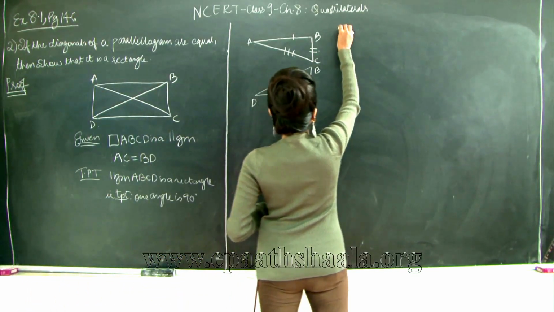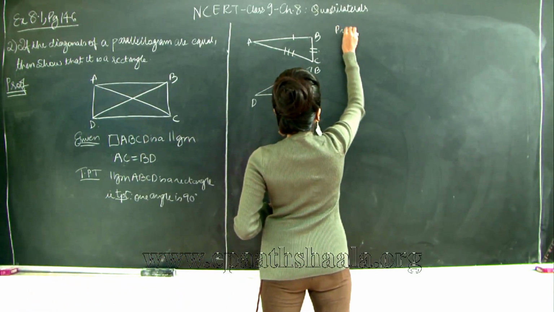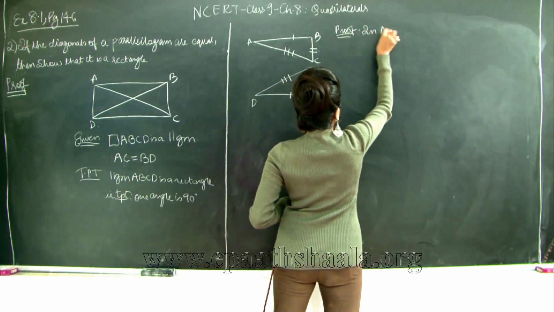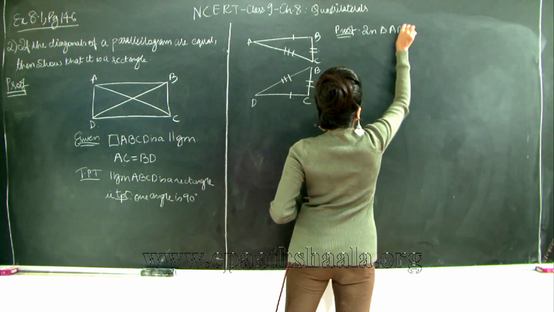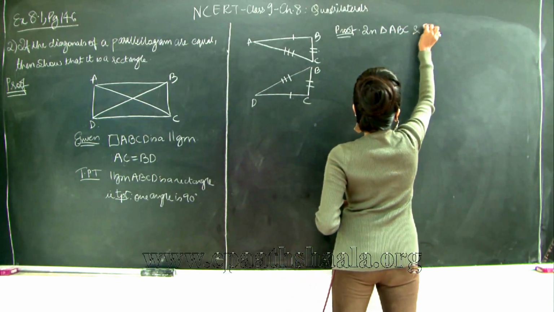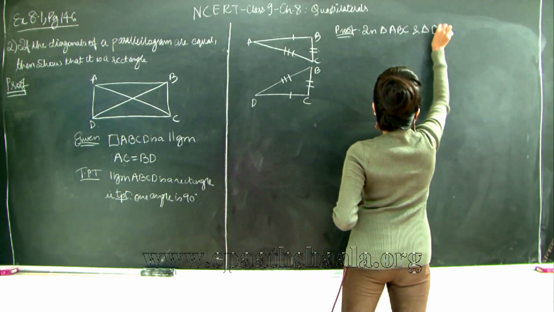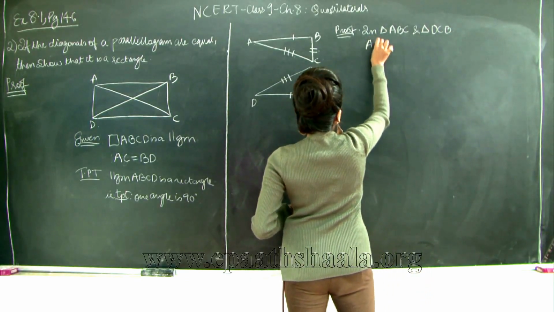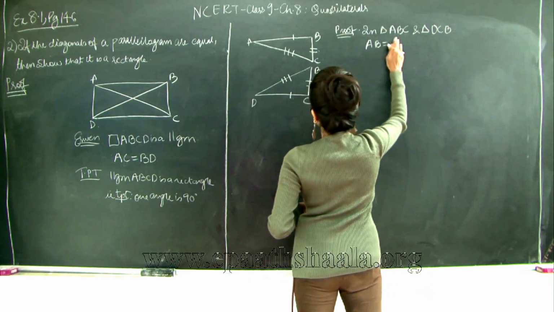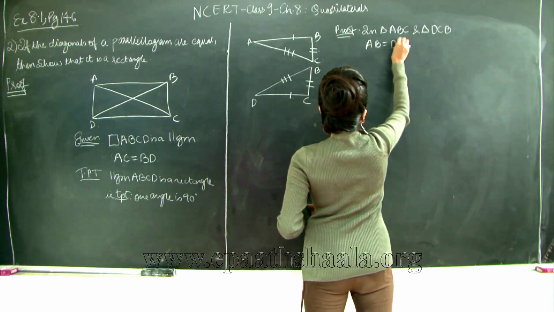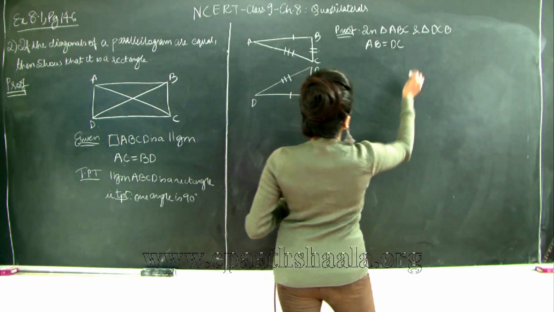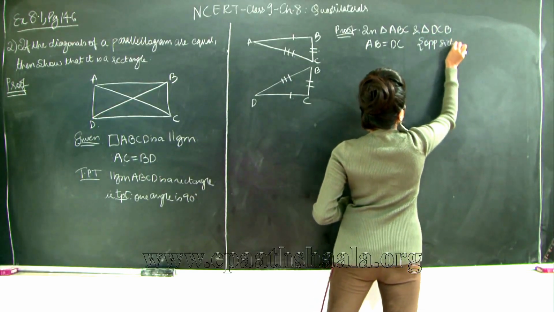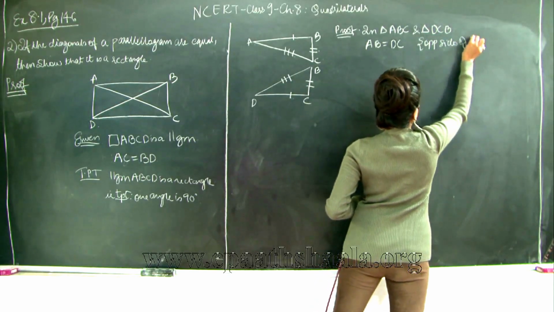So, I will say proof here. In triangle ABC and triangle DCB, I have AB is equal to DC, opposite sides of parallelogram.